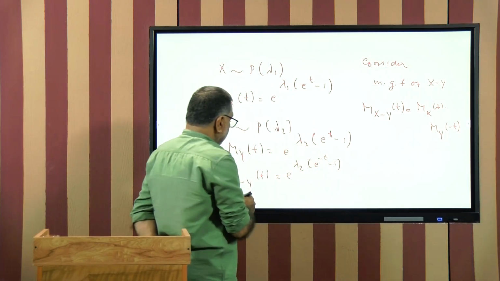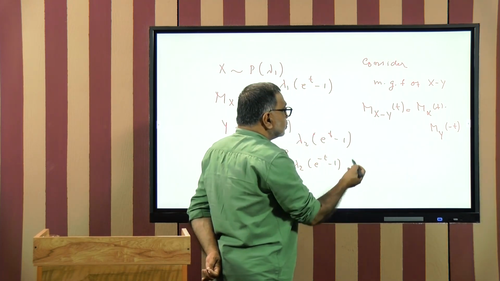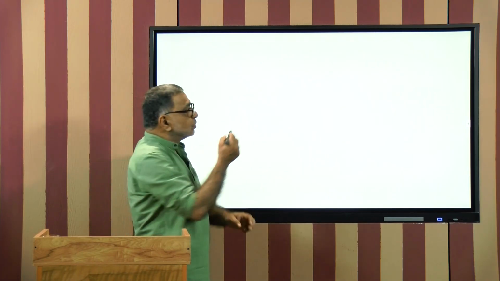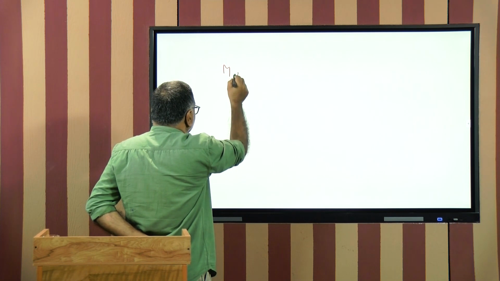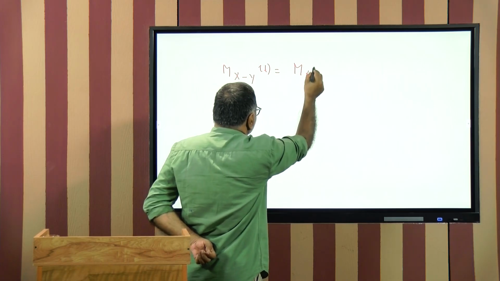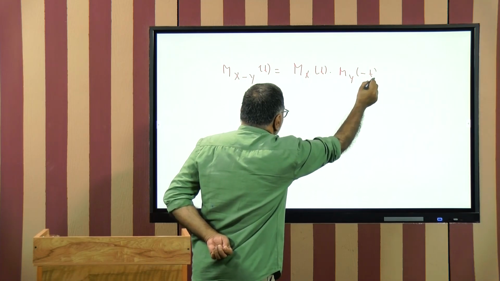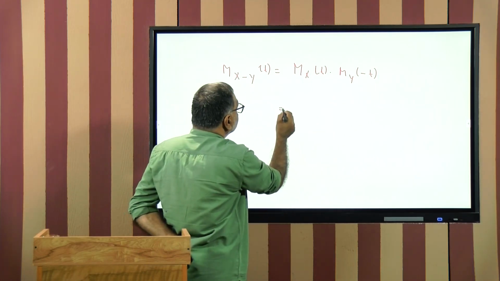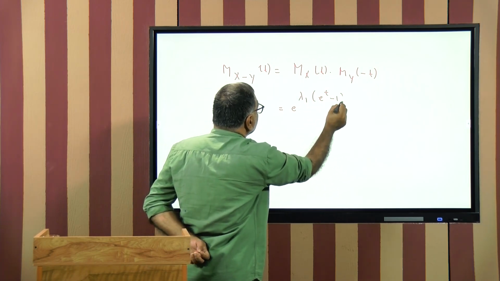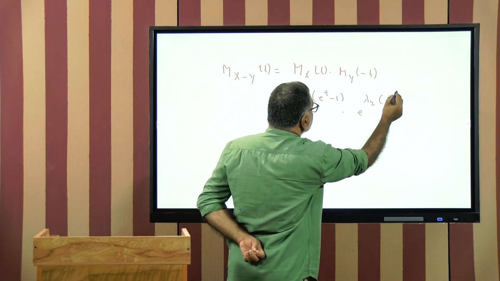Either you can write M minus y of t or M y of minus t. So, substituting these values, we have M x minus y of t obtained as M x of t into M y of minus t, because x and y are independent, and substituting the values: e power lambda 1 into e power t minus 1 into e power lambda 2 into e power minus t minus 1.